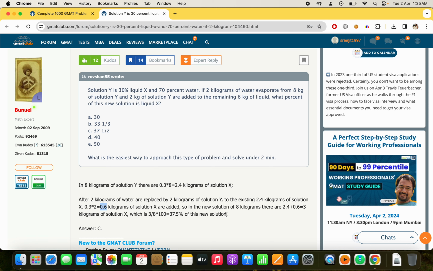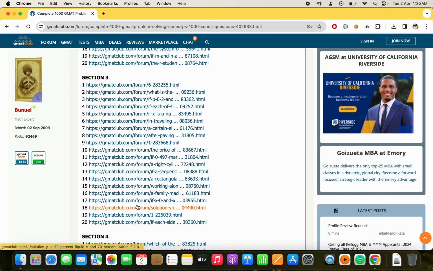So in the new solution of 8 kilograms, 2.4 plus 0.6 makes it 3 kilograms of solution, which is approx 37.5%. If you read the question, this is kind of easy, not a very difficult mixture problem.